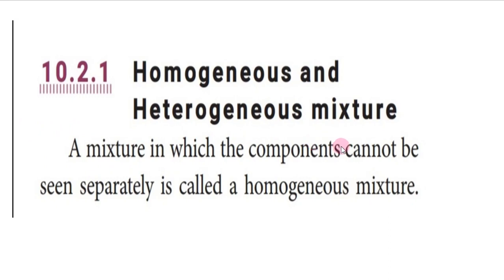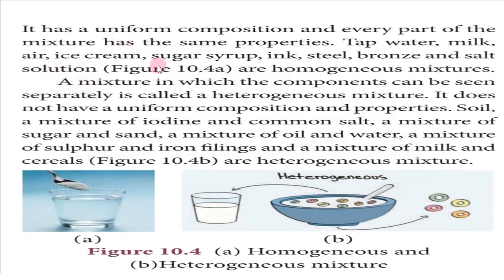A mixture in which the components cannot be seen separately is called a homogeneous mixture. Then this paragraph fully. When you are writing the examples, any 2 or 3 examples are enough: tap water, milk, air, ice cream. Then this paragraph fully, here also you can write any 2 or 3 examples: soil, a mixture of iodine and common salt, a mixture of sugar and sand, a mixture of oil and water.